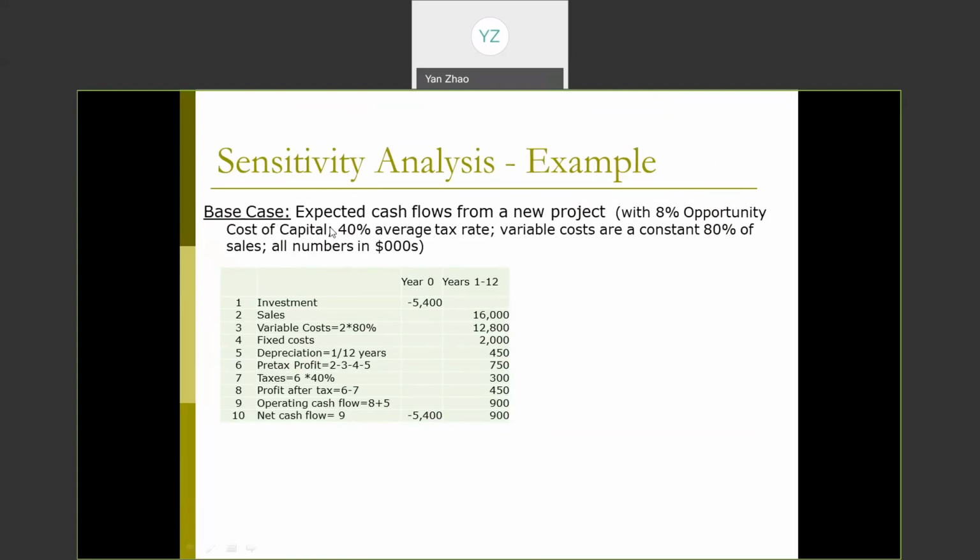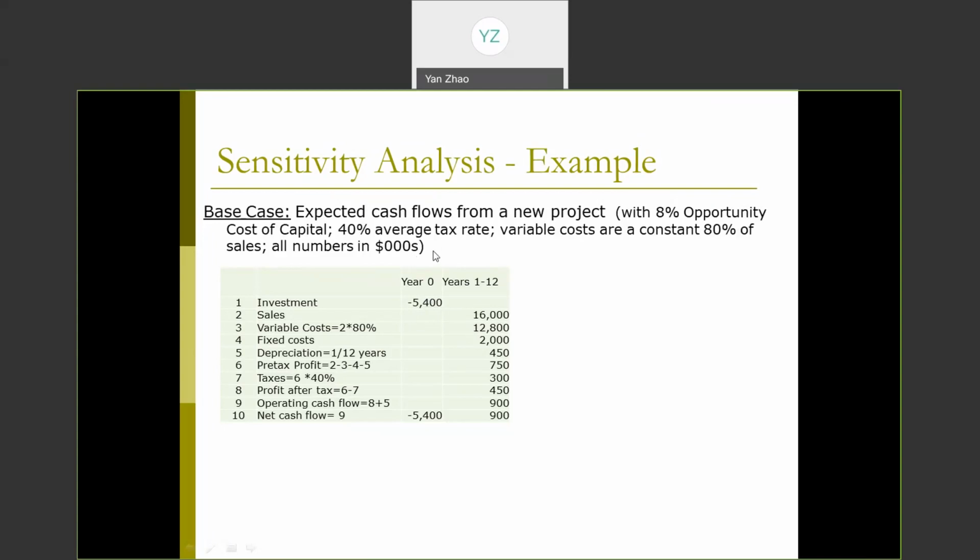So let's look at our baseline model. Those are the expected cash flows from a new project. 8% opportunity cost means the discount rate is 8%, 40% tax rate. Variable costs are 80% of the total sales number, and all the numbers are in thousands. Okay, so in year 0, you need to make an investment of $5,400.